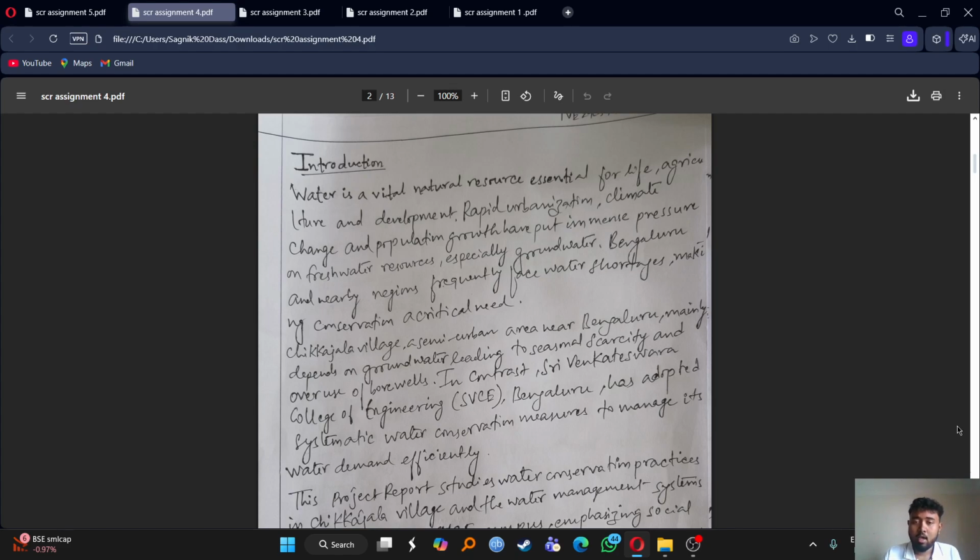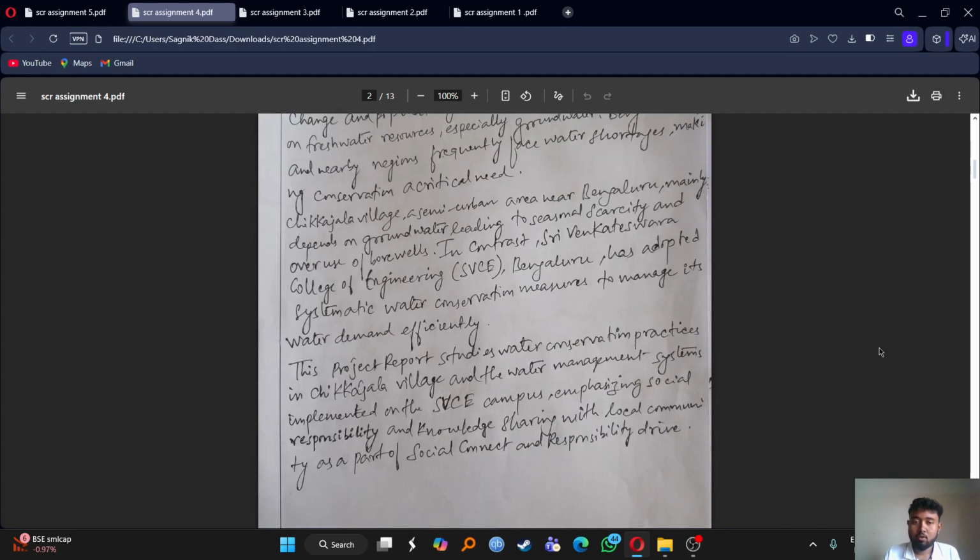Rapid urbanization, climate change, and population growth are all hampering water conservation. Water conservation is very crucial, especially in Bangalore and the nearby region, where frequent water shortages happen, especially in the summer in the main Bangalore city.